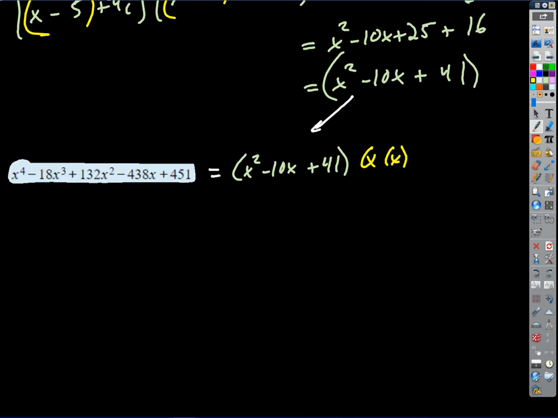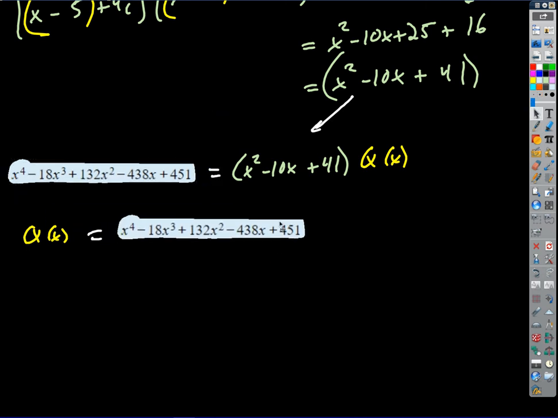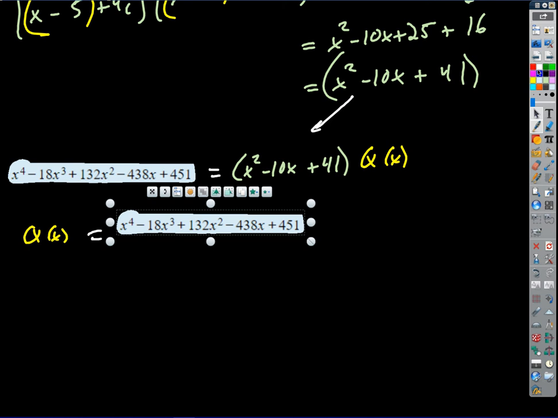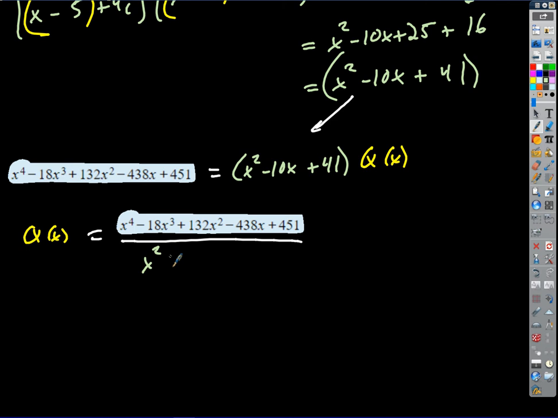So we know q of x is just going to equal that divided by that. I just have to find the zeros of q of x.